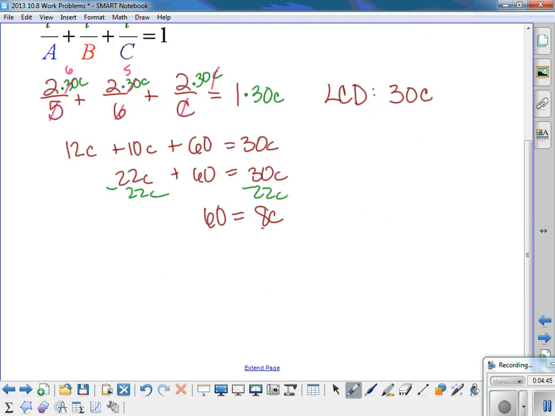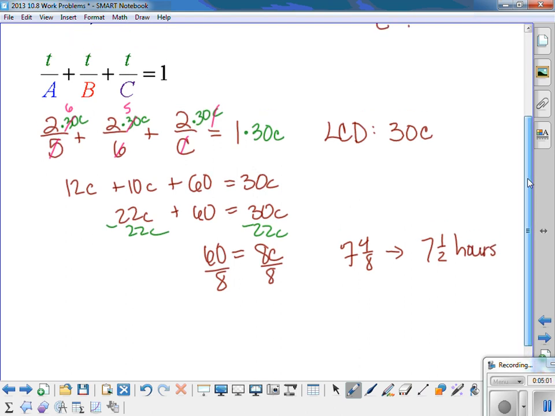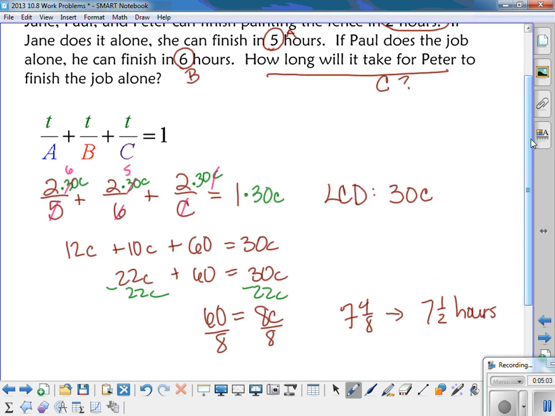And so you just divide both sides by 8. And it comes out to 7 4/8, which you can reduce to 7.5. So 7.5 hours is how long it takes Peter to work alone. He's slow compared to the other two, right? Well, he is. He's slower than the other two.